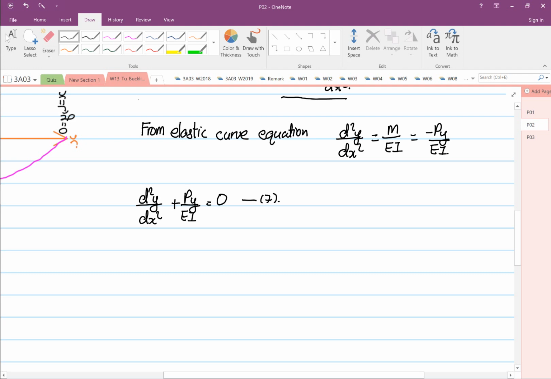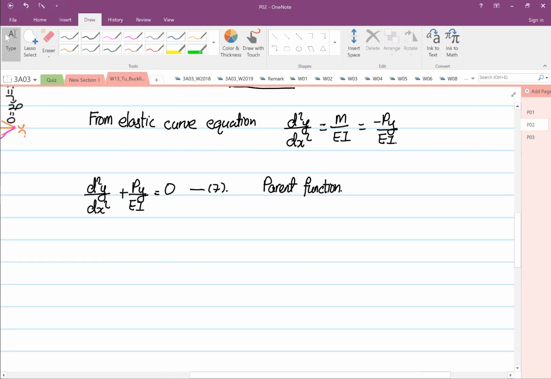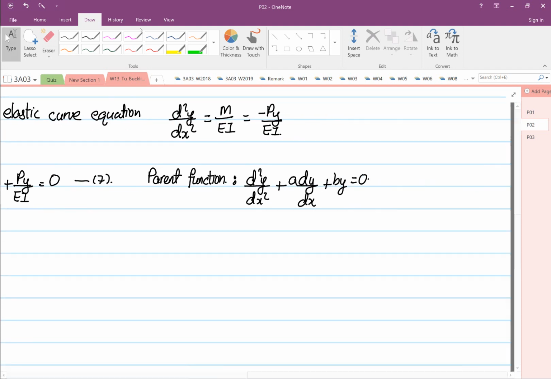The parent function of equation 7, to remind you, is an expression with d squared y over dx squared plus B dy by dx plus C y, the whole thing equal to 0. This is a homogeneous second order differential equation.